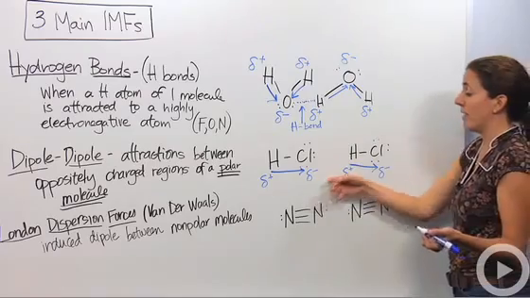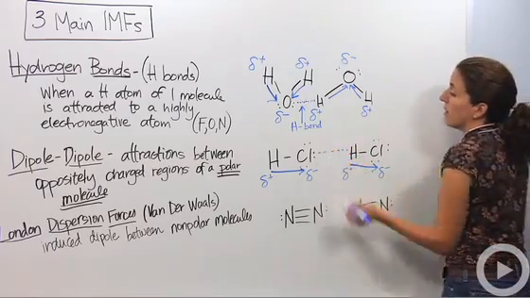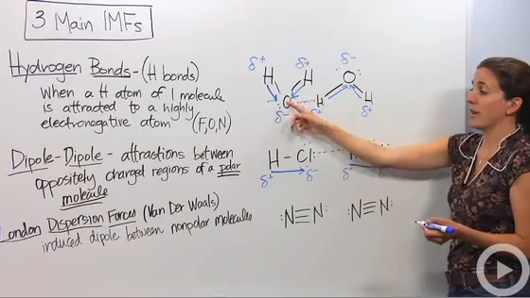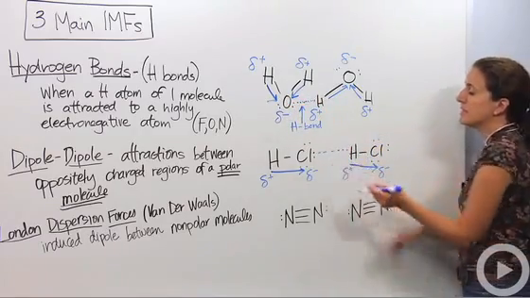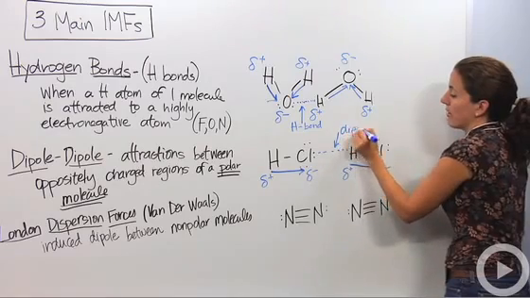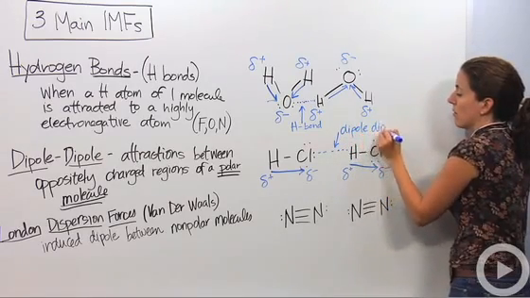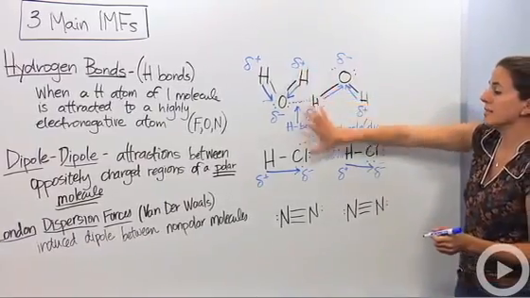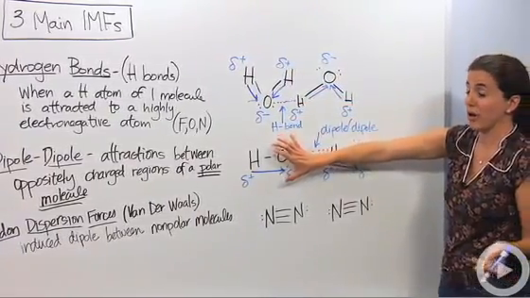Same thing over here. Again, we know that negative and positive attract. It's very similar to a hydrogen bond, but the electronegativity values are much more different in hydrogen bonds, so dipole-dipole is not as strong. This is the dipole-dipole interaction. So hydrogen bonds are the strongest, and dipole-dipole forces are strong, but not as strong.